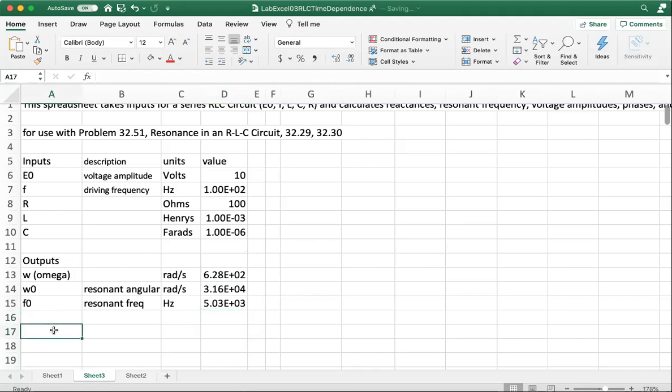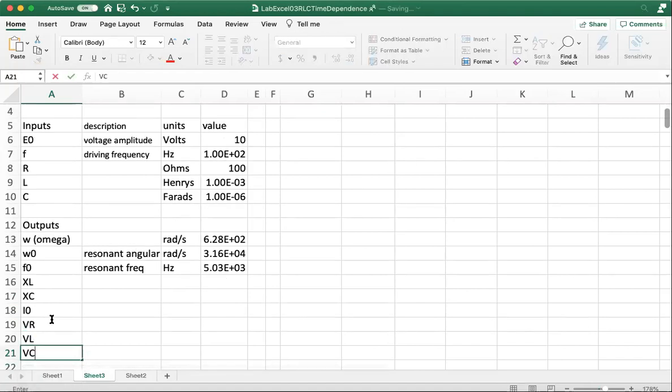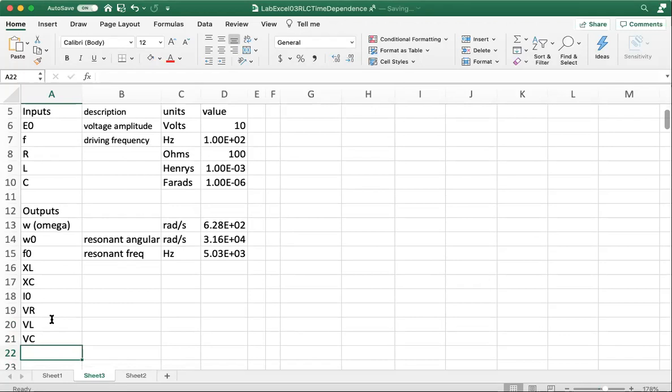All right. So the next few things we can compute would be reactances. So the inductive reactance XL, the capacitive reactance XC, and then once we have those, we can compute the voltage amplitudes. Well, actually, I think before that, the current amplitude. We need the current amplitude I naught, and we'll have the voltage amplitude over the resistor, voltage amplitude over the inductor, voltage amplitude over the capacitor, and then the phase, phi.